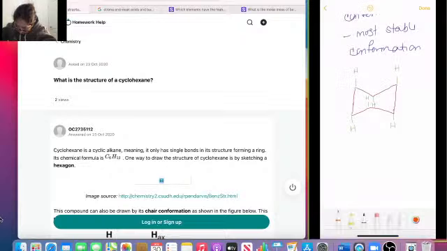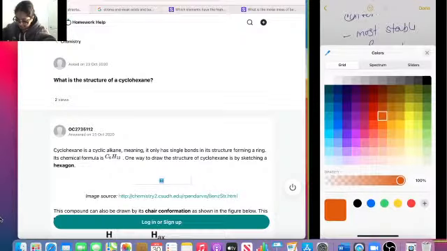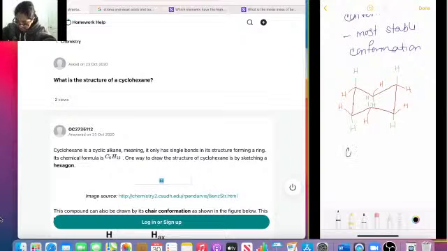These are the ones that go sideways down, sideways up, and then you have this one going this way and this one going this way. So this is your chair conformation for cyclohexane.